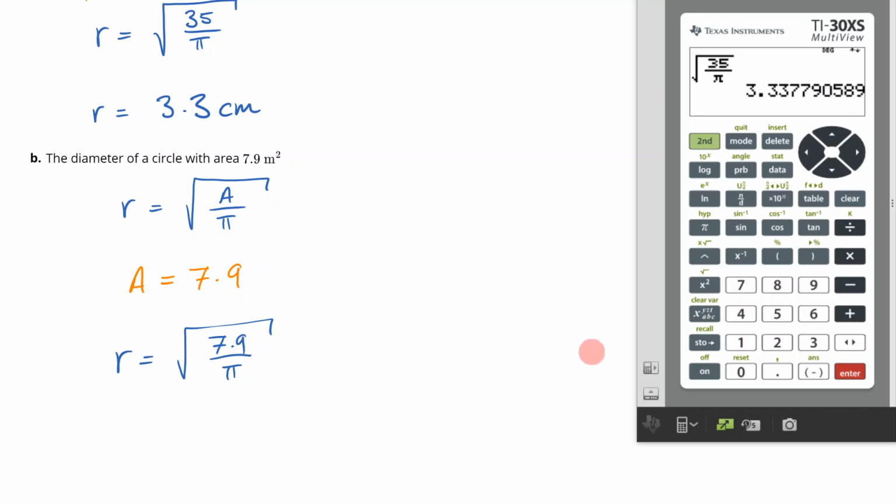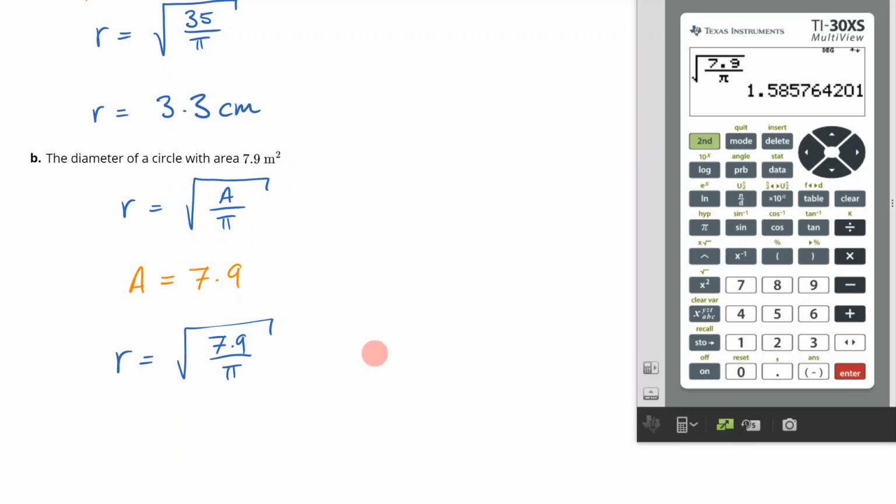Then we would come to our trusty calculator here. Again, you hit second, you hit this button, you hit that button, then you go 7.9 over pi, which is there. We hit enter, and we're going to get out as our answer 1.585.